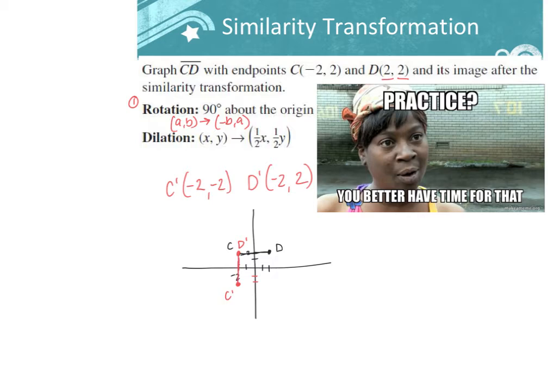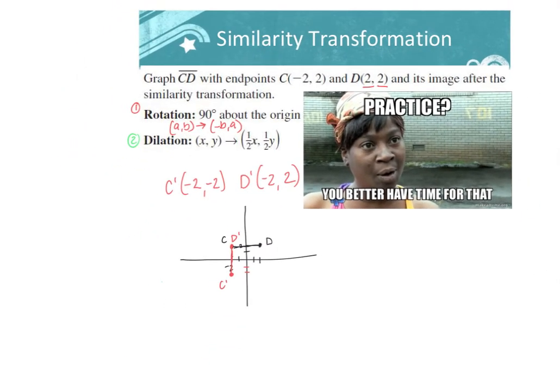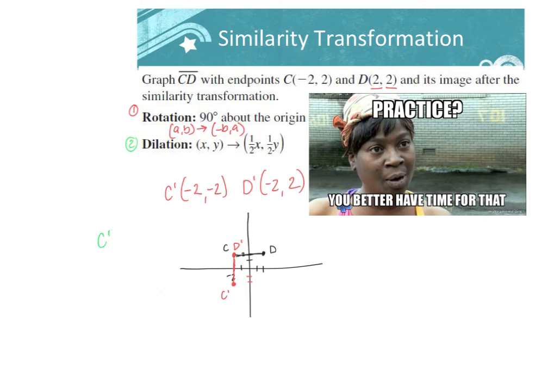All right. And then lastly, let's do C double prime and D double prime after our dilation, okay? So our dilation is now 1/2. So it's actually going to become smaller, okay? So C double prime is going to be negative 2 times 1/2, which is going to be negative 1, negative 1.